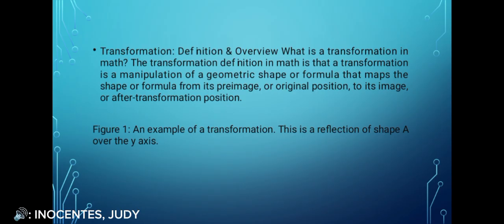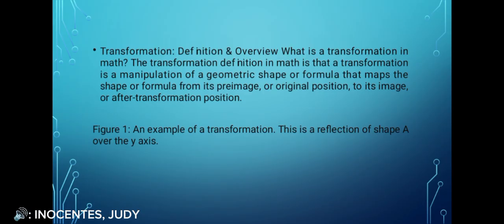Transformation. Definition and overview. What is a transformation in math? The transformation definition in math is that a transformation is a manipulation of a geometric shape or formula that maps the shape or formula from its original position to its image, or after-transformation position.